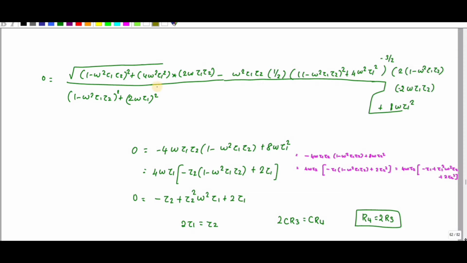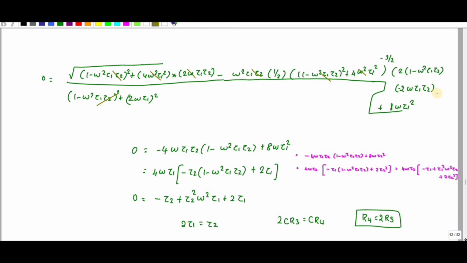If I equate this entire term to 0, this whole term will cancel out, and since it is 0, you will get root of 1, that is 1. You can see this minus omega square is multiplied with the whole term, so everything will cancel out.